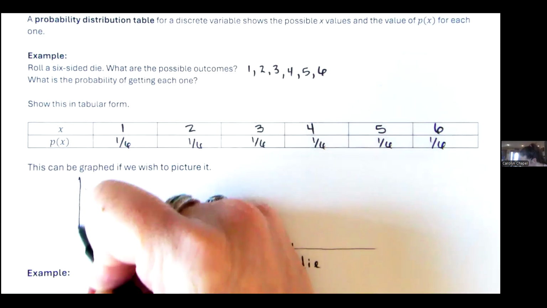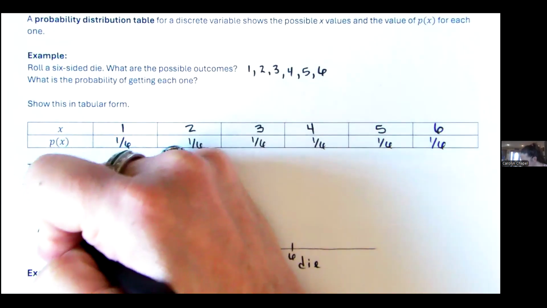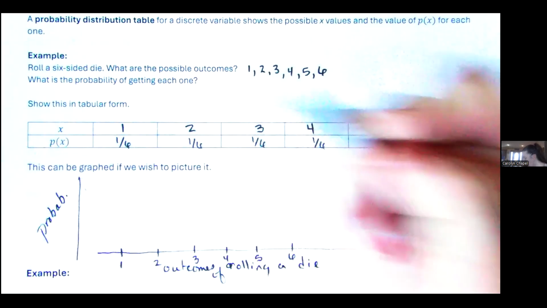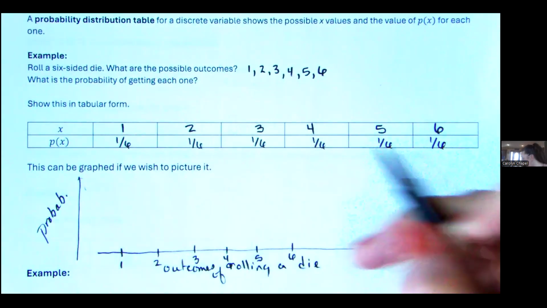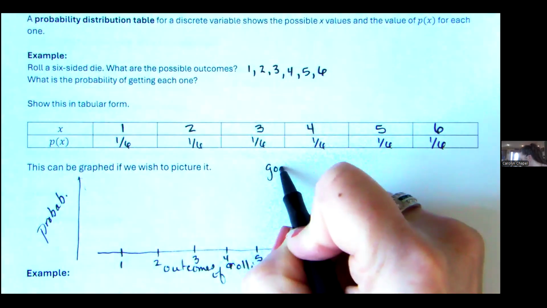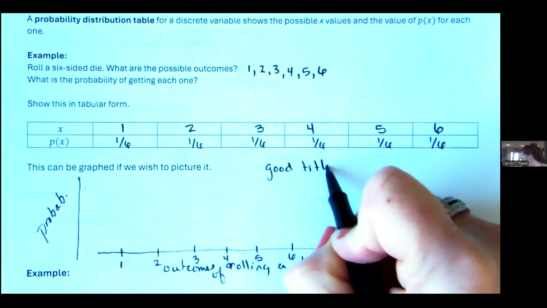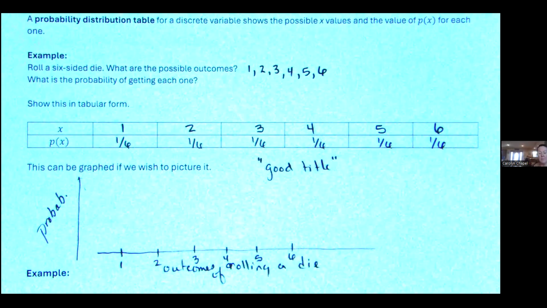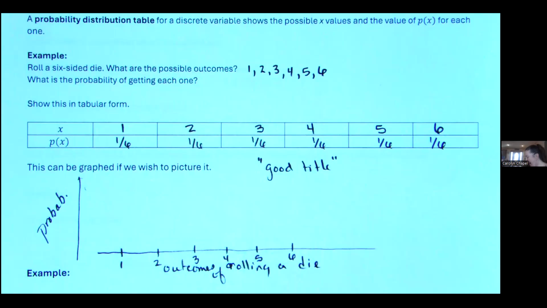And along this side, we would have our probabilities. I'm just going to abbreviate that. Of course, all graphs should have a good title, which should be better than my title. And this is where the different textbooks will be different.